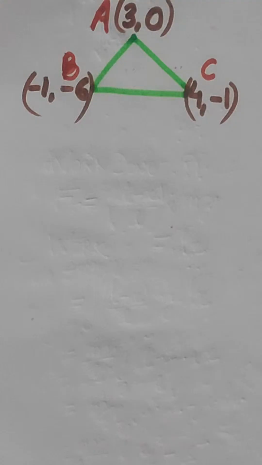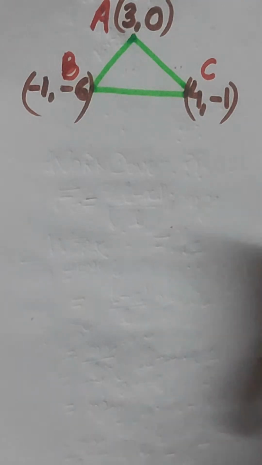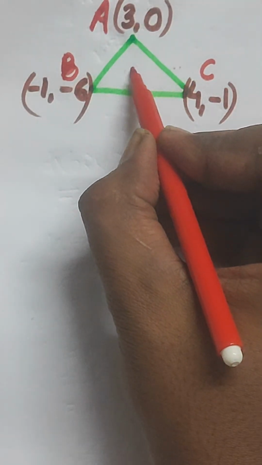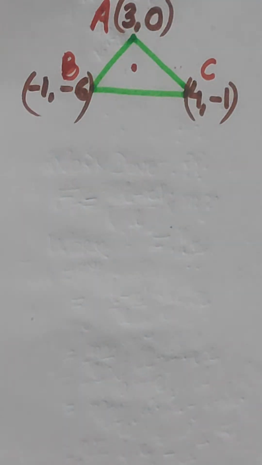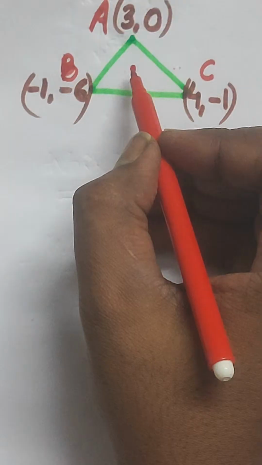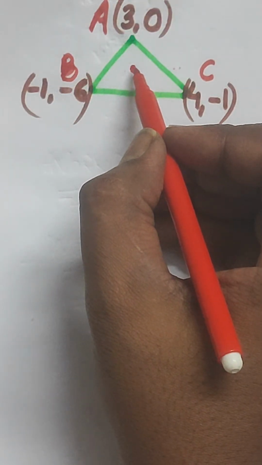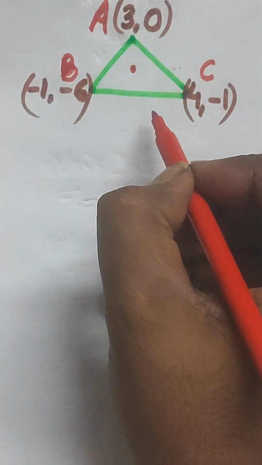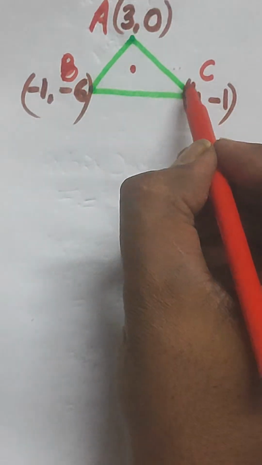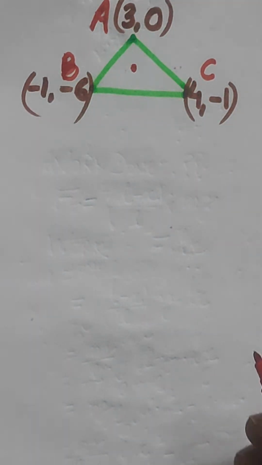So let us do one thing. First of all, let us understand the circumcenter. It will be standing somewhere over here, in the center of the triangle. And the property of the circumcenter is that from that point, when the circle is drawn, it will touch all three vertices of the triangle, right?